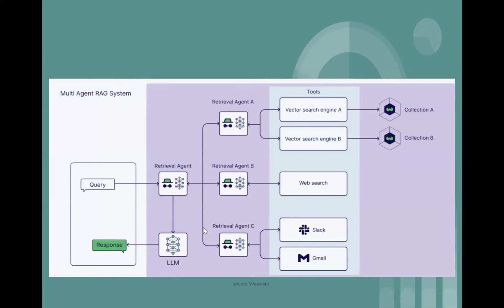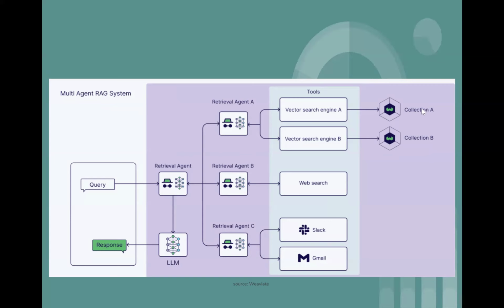Now, if you see, it is all broken down to tasks based on what kind of tools or what kind of information is needed. So the retrieval agent can ask a question, but then it knows which agent to pass that question to. Is it vector, or is it web related, or is it communication related? So if it is internal information, it will call agent A, and agent A will decide again based on the question, should it go to collection A, collection B?